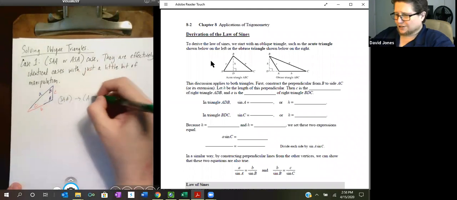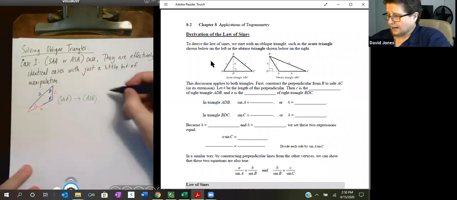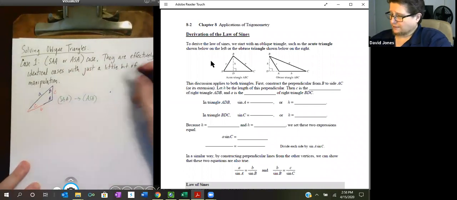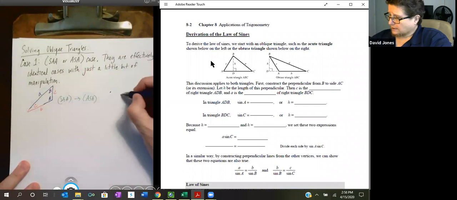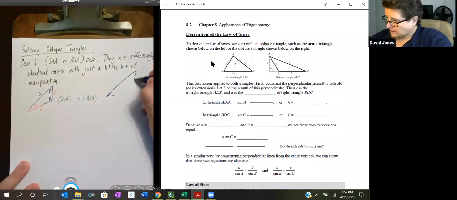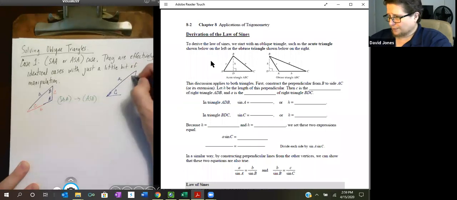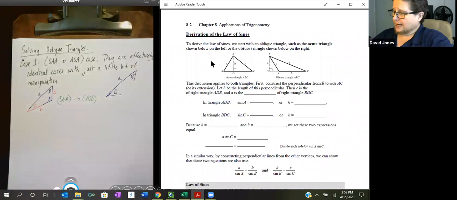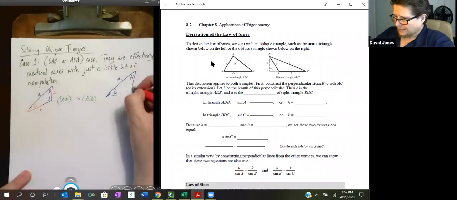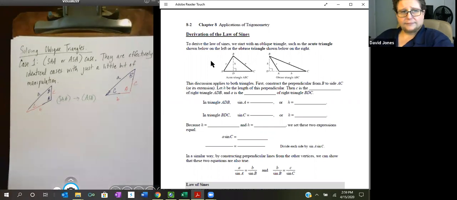I can shift that to the ASA case. I can shift this to knowing C and B and not knowing A. Well, not necessarily not knowing A. We still don't know side C and side B. How do we do that?